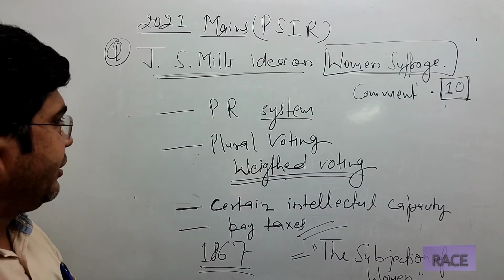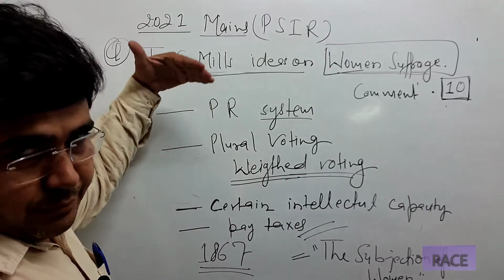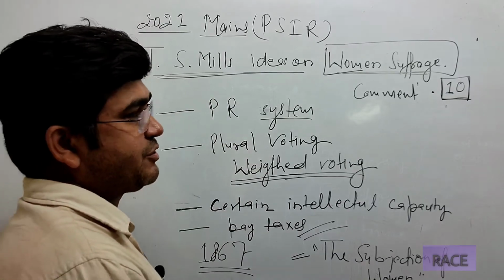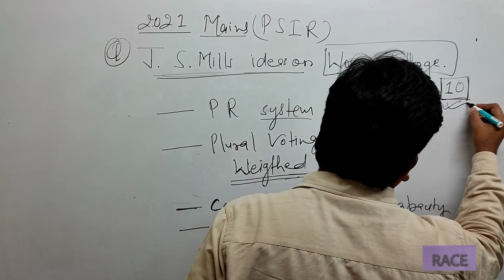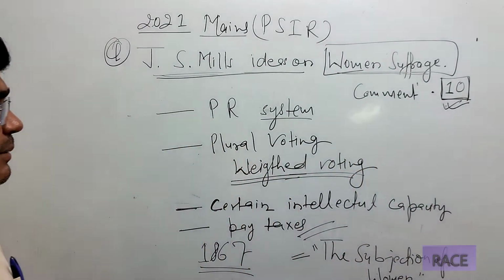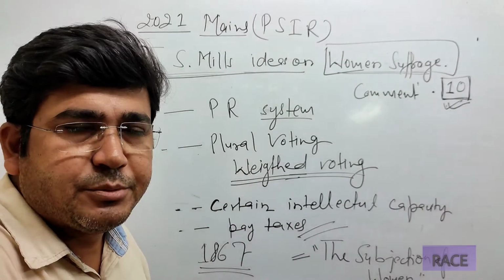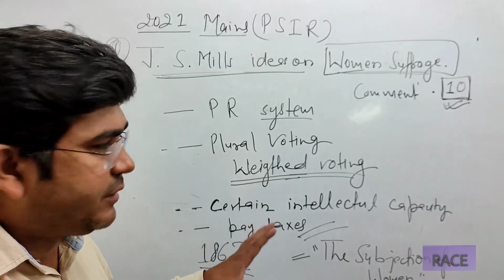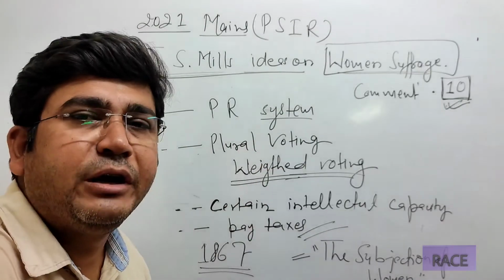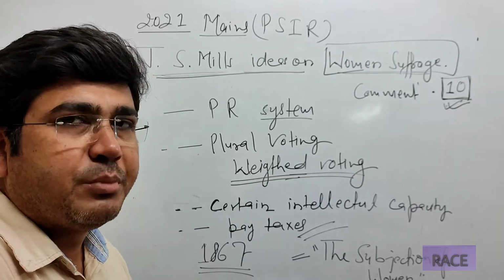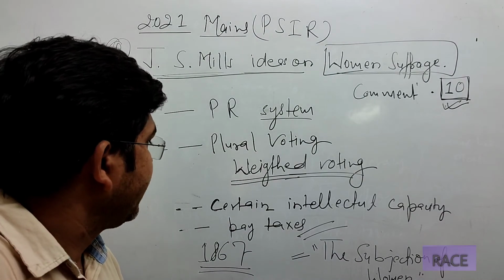So these are the points that should be included in the answer when we are attempting this, and we must remember that it is of 10 marks only. So please try to include as many points as possible in systematic writing, and if we could include the maximum of these points, then that would make a good answer and we can hope to get good marks for this question.